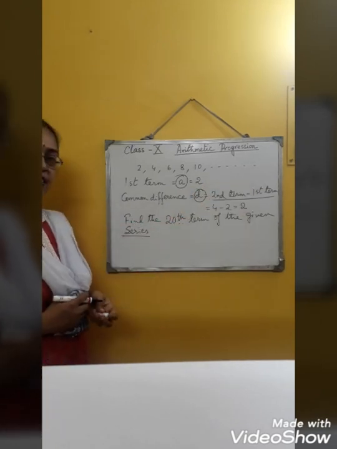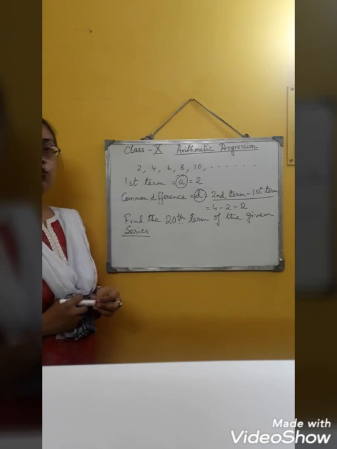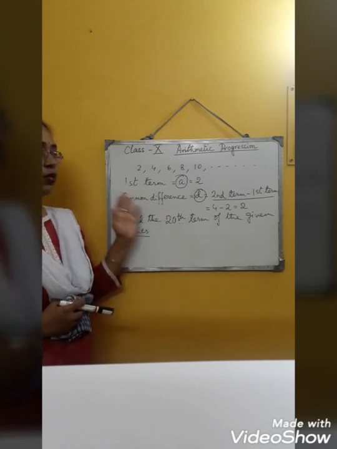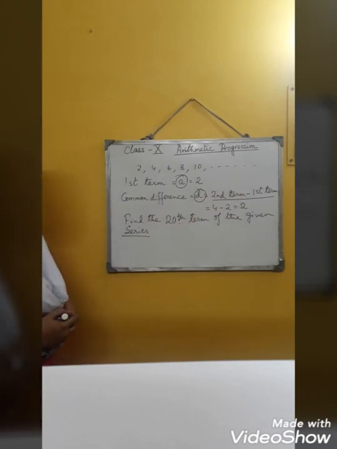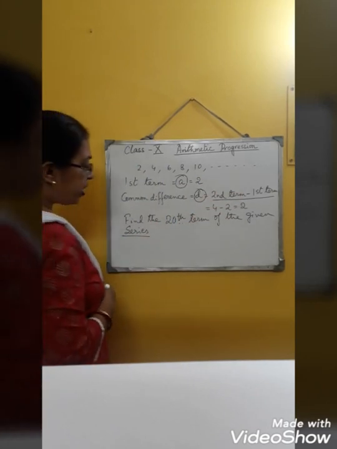For 20, yes, it is possible. But if I tell you the 250th term, that is very laborious. You cannot go through it in that way. So in that case, we give a formula.